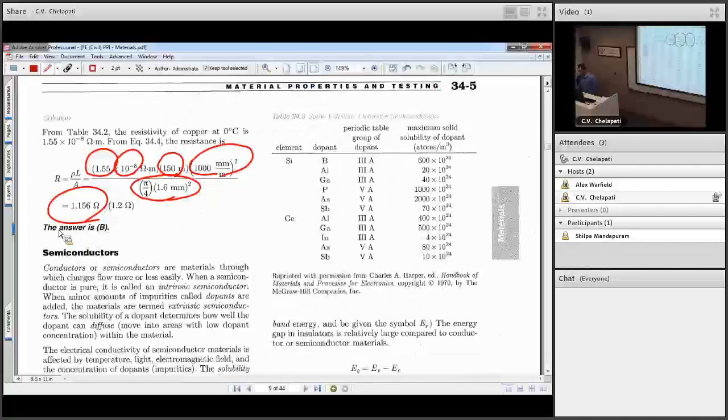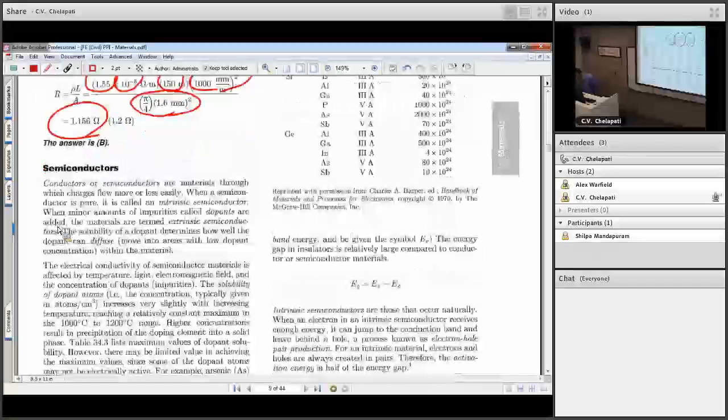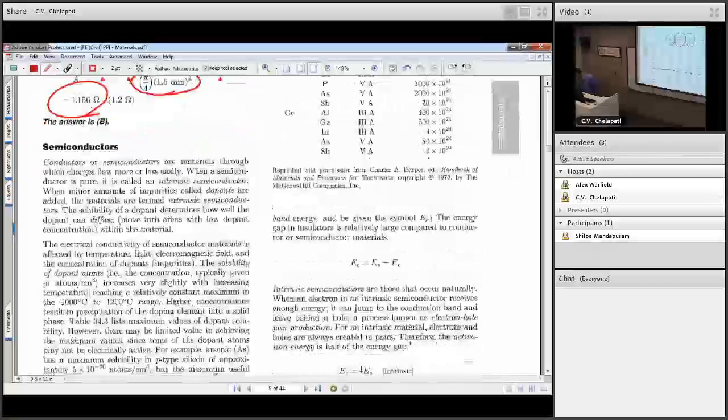You find the electric resistivity for copper. So I look for copper, and I look for electrical resistivity, which is 1.55 at 0 temperature. So I have the electric resistivity for copper.